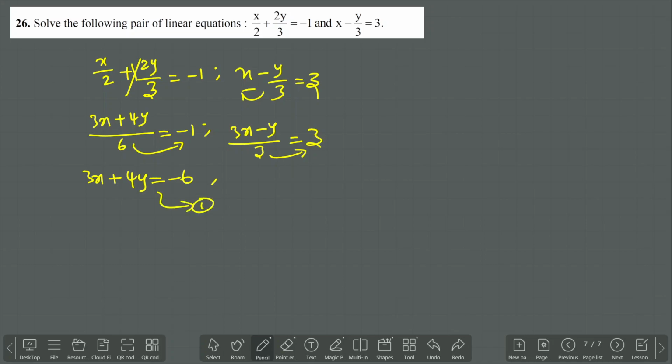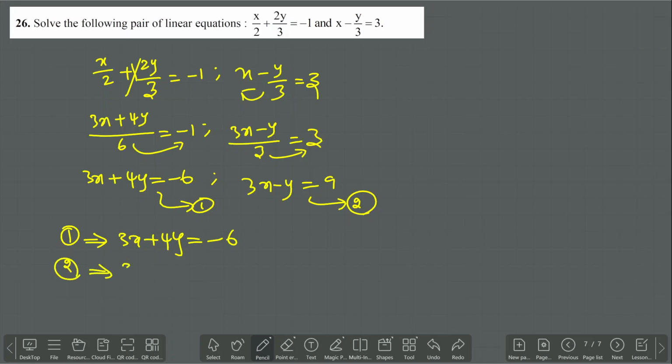Answer number 1. And here 3x minus y, 3 threes are 9, answer number 2. See the coefficient of x here, children: 3x, 3x. We can cancel it now. So equation 1: 3x plus 4y equal to minus 6, and equation 2: 3x minus y equal to 9.